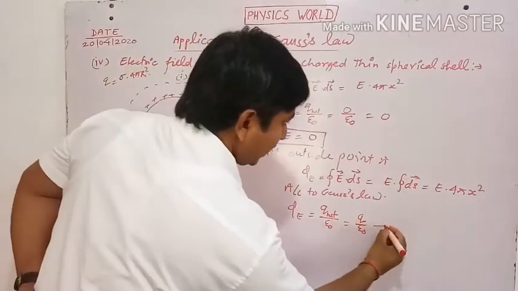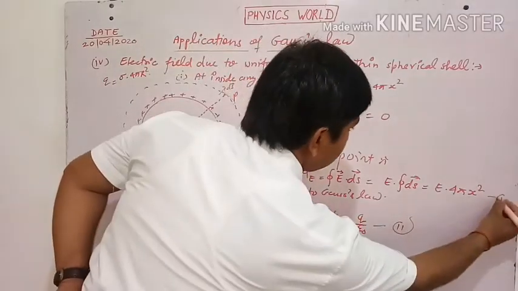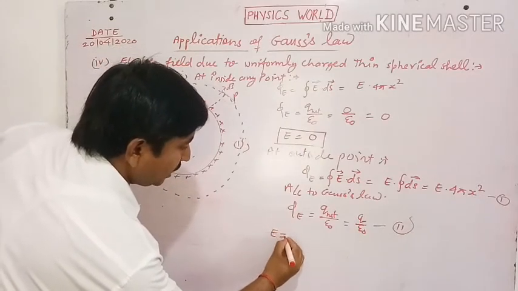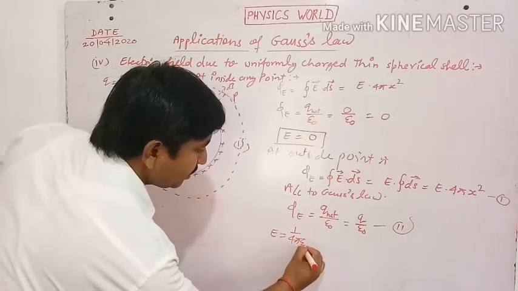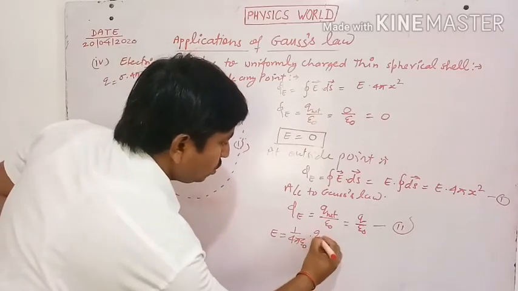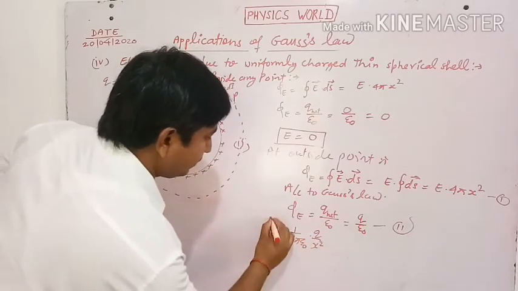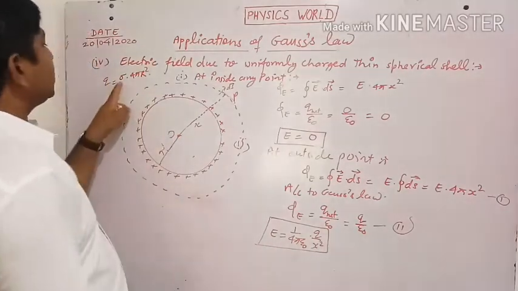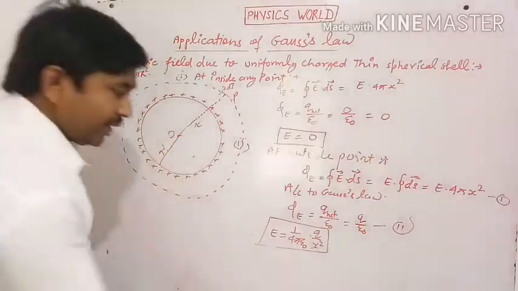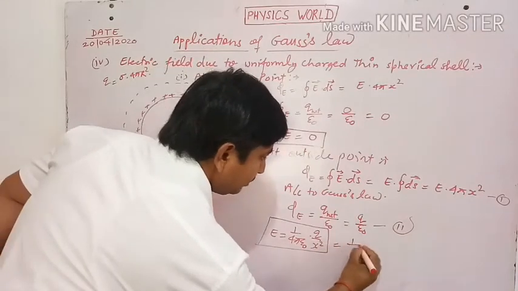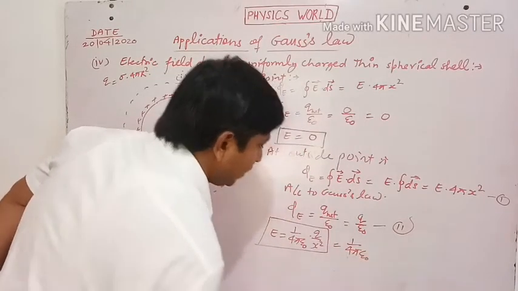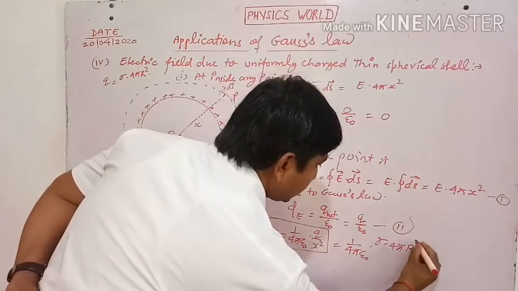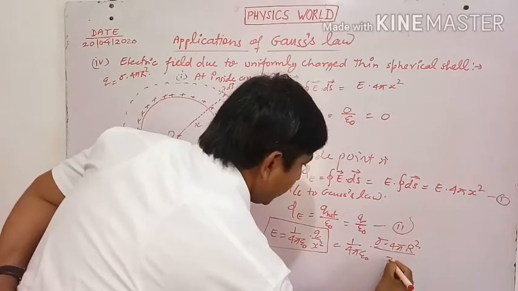If we take it as Q, then from the first and second equations you will obtain that the value of E is 1 upon 4 pi epsilon naught Q upon x square. If we write the value of Q as sigma times 4 pi r square, then the value of E becomes 1 upon 4 pi epsilon naught sigma times 4 pi r square divided by x square.